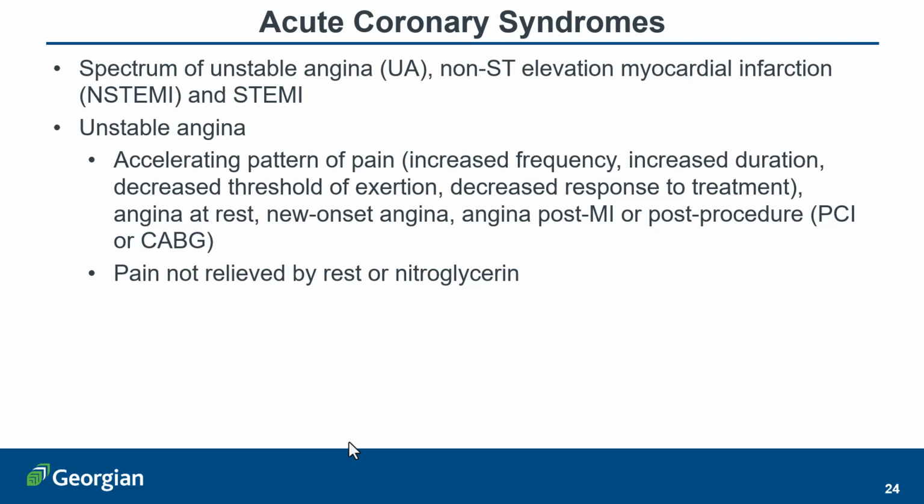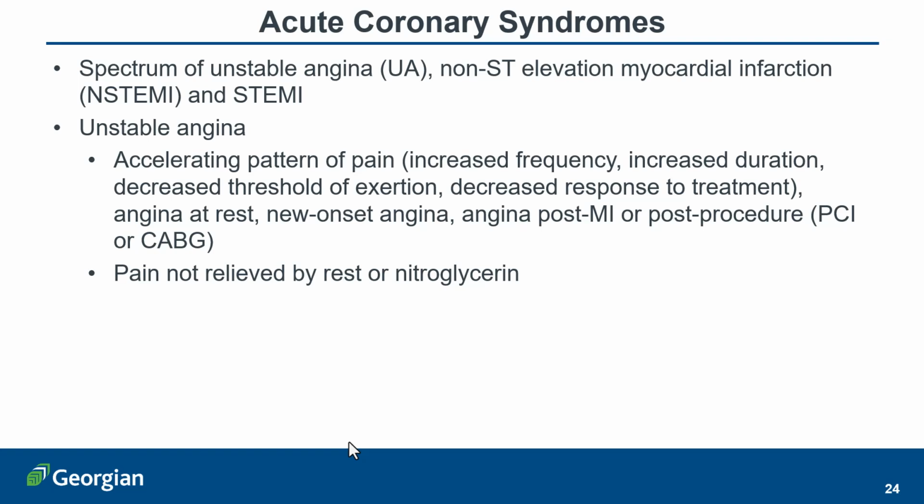Other definitions of unstable angina include angina at rest. Stable angina would not occur at rest. In addition, if angina has just started for the very first time, or new onset angina, it is automatically classified as unstable angina. Similarly, if there is angina post-MI or post-surgical procedures such as PCI, or percutaneous coronary intervention, or CABG, coronary artery bypass graft, then it is considered to be unstable angina.